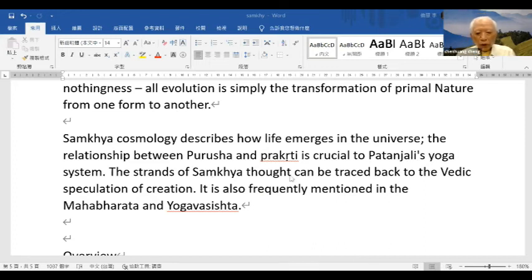The roots of Samkhya thought can be traced back to the Vedic speculation of creation, in particular the Rig Veda. In the Rig Veda, there is a discussion about the creation of our universe, the creation of the sentient beings. Of course, in the Vedas, as I said before, Brahmanism or Hinduism is a kind of parinama theory.